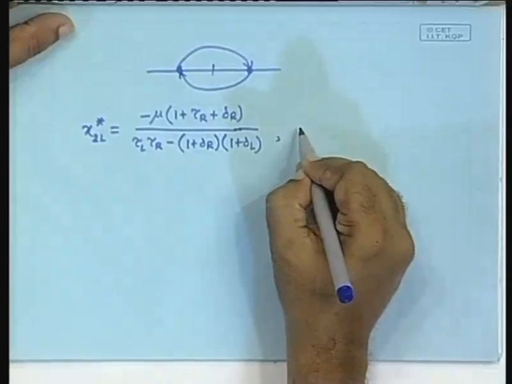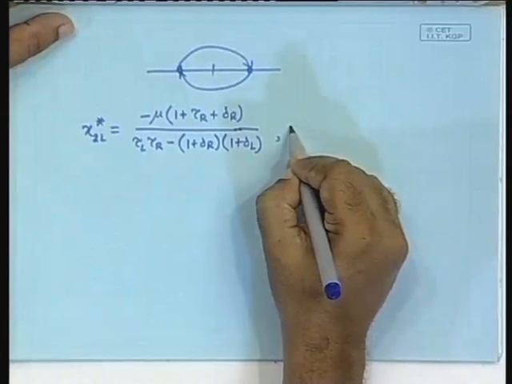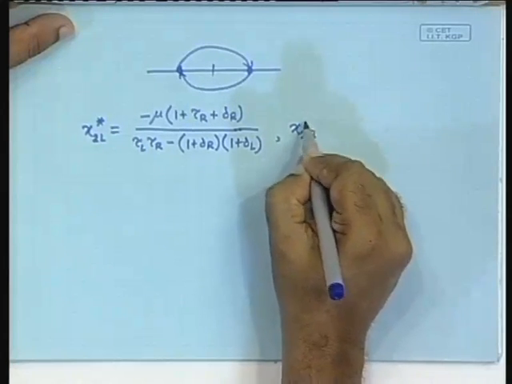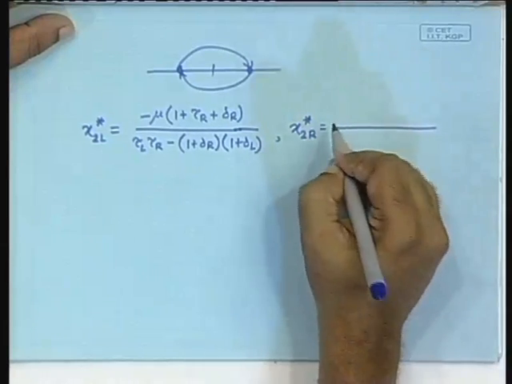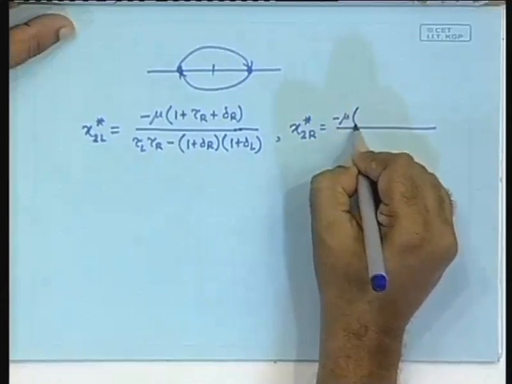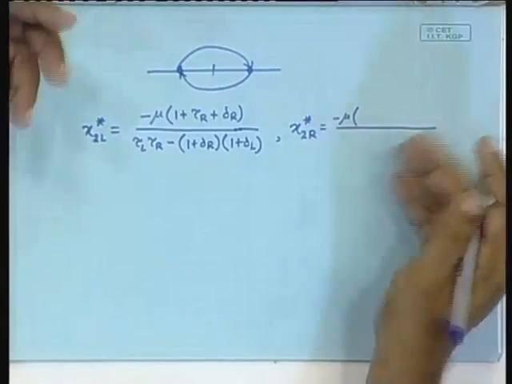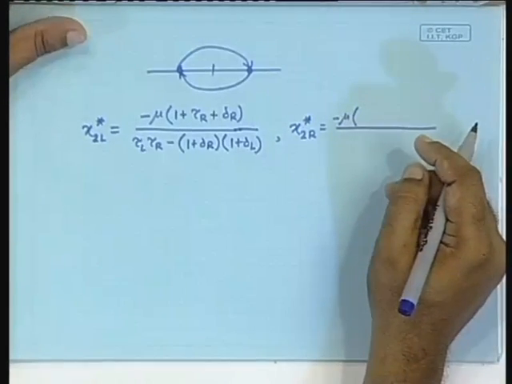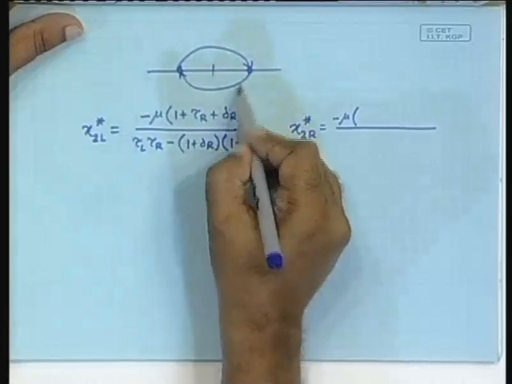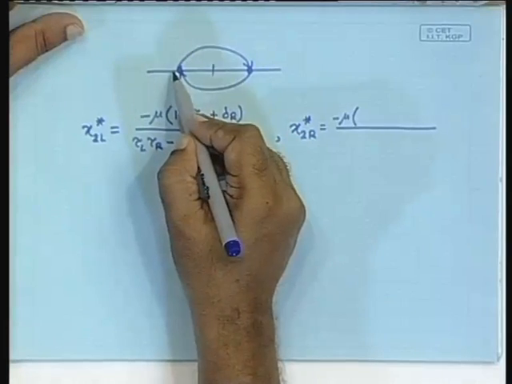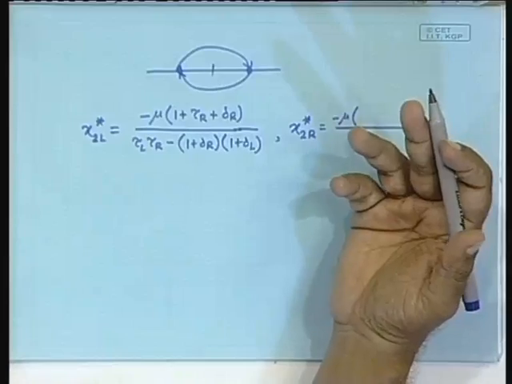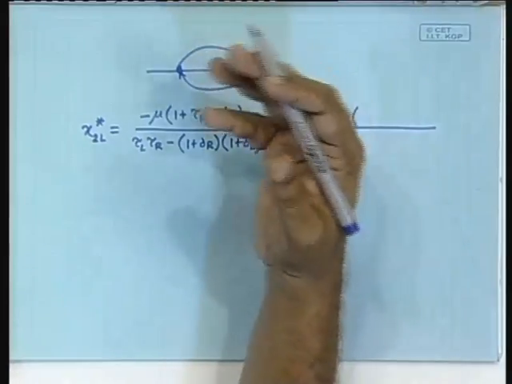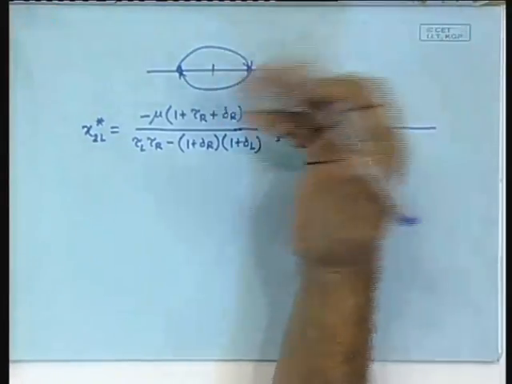and the other one, x 2 r star is equal to minus mu, this should be by symmetry, because if you start from here, come here and come back here, what you get? If you start from here, come here and come back here, you should get the same thing, only with r's replaced by l's and l's replaced by r's.